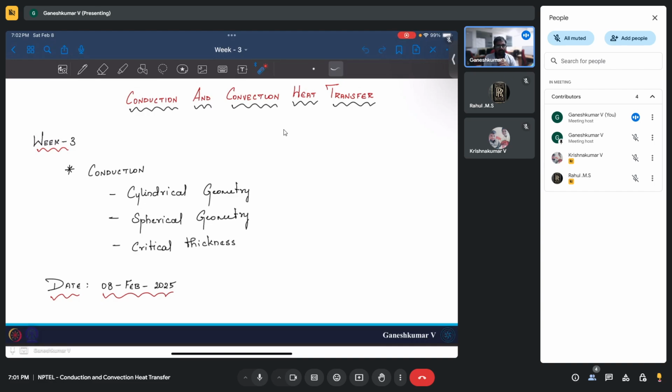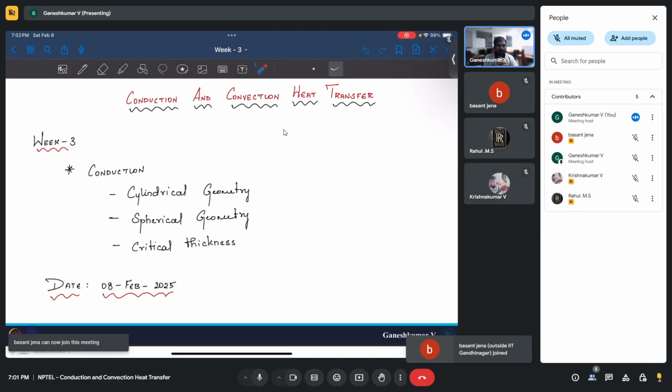So these are the main focus, and we also solved certain problems related to these concepts. So what I will do today is I will again solve three questions, two on cylindrical and one on spherical. Although spherical is not in your assignment, I thought it would be good to have one question in spherical so that you'll feel more confident in facing such a question.